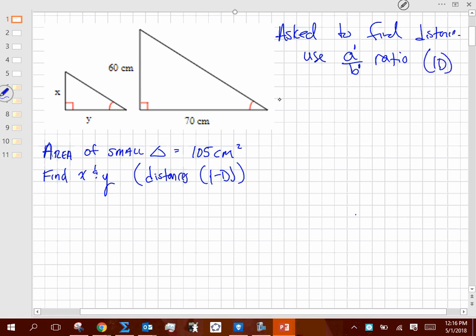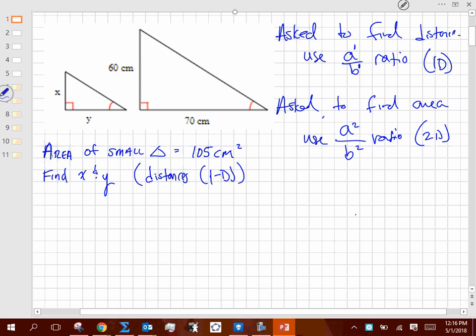If you're asked to find an area, you use the A squared over B squared ratio because that is two-dimensional. Does that kind of make sense? All right? And hopefully, because you know area is two-dimensional, I see the powers of 2 there in that ratio, that tells you that those should go together.